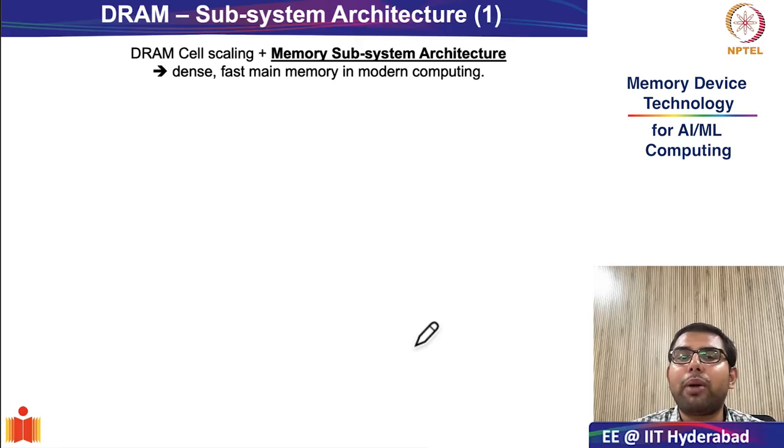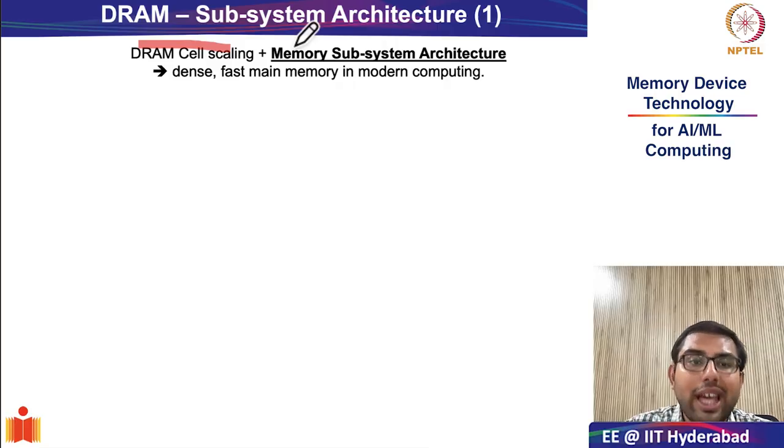Now, the DRAM subsystem architecture is really fascinating, and that is what we will deep dive into today. Okay, so just to remind you, as we discussed in the previous slide, advances in DRAM cell scaling, that is reducing the capacitor size and making the interconnects faster, plus what we are going to discuss today, innovations in the memory subsystem architecture, both coupled together have enabled the main memory of computing systems to be very dense and very fast.